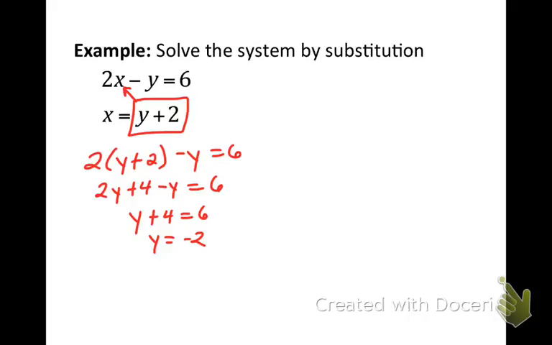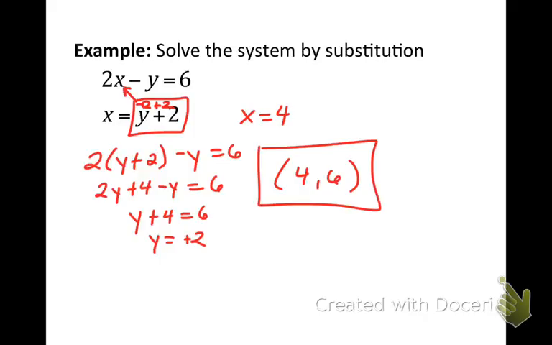And the reason why I like to box it is it kind of reminds me to put it back in there. Negative 2 plus 2 is? Oh, positive 2, thanks. It would not be negative 2. 2 plus 2 would get us to 4. So 4 comma 2. Good.